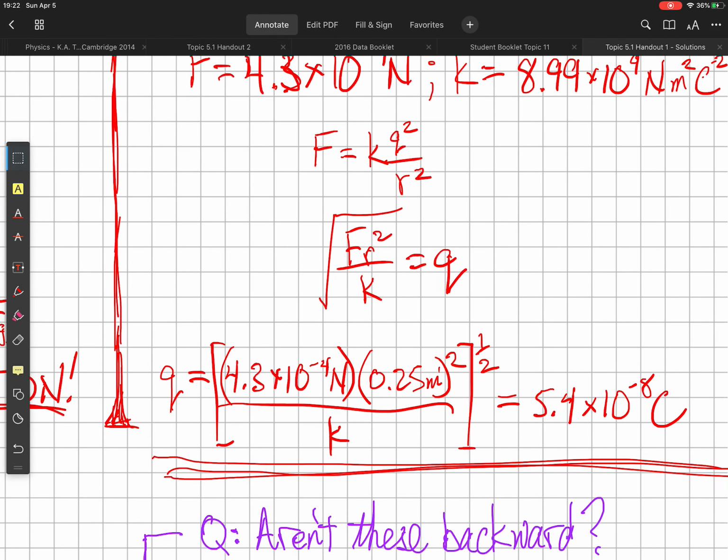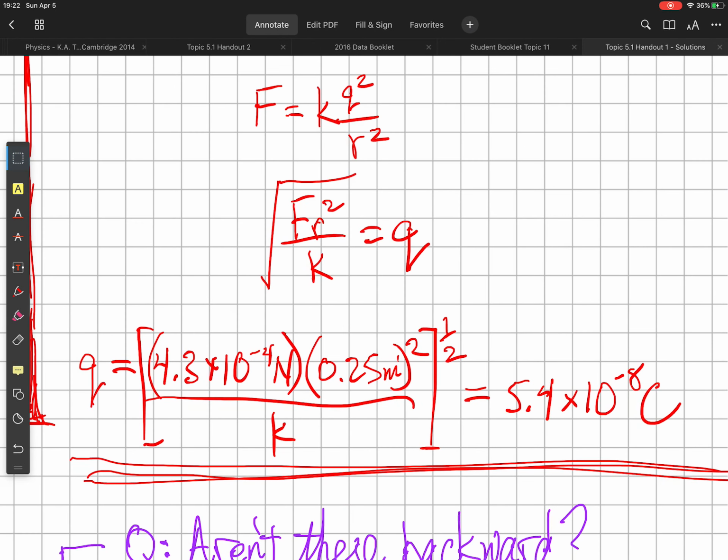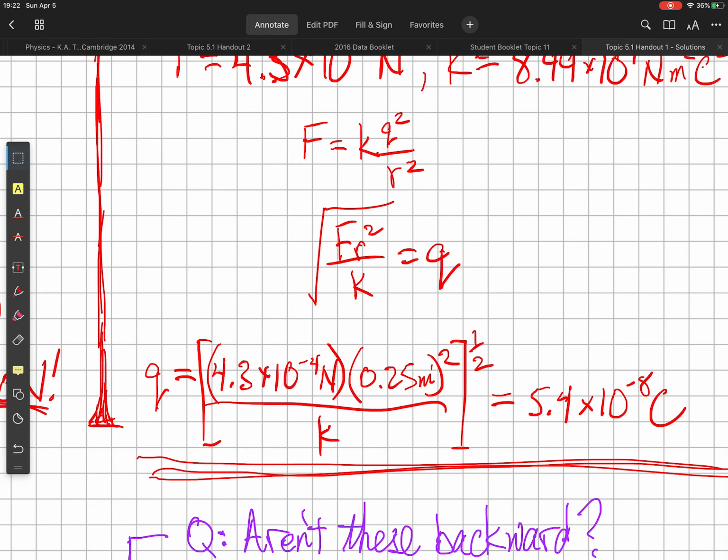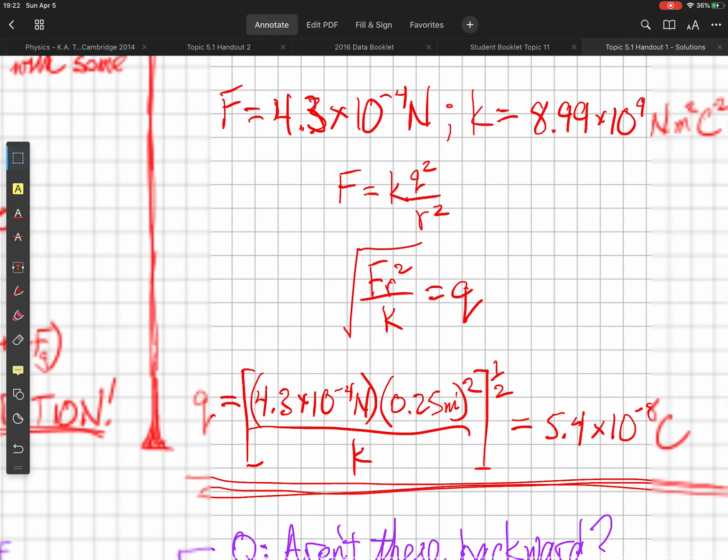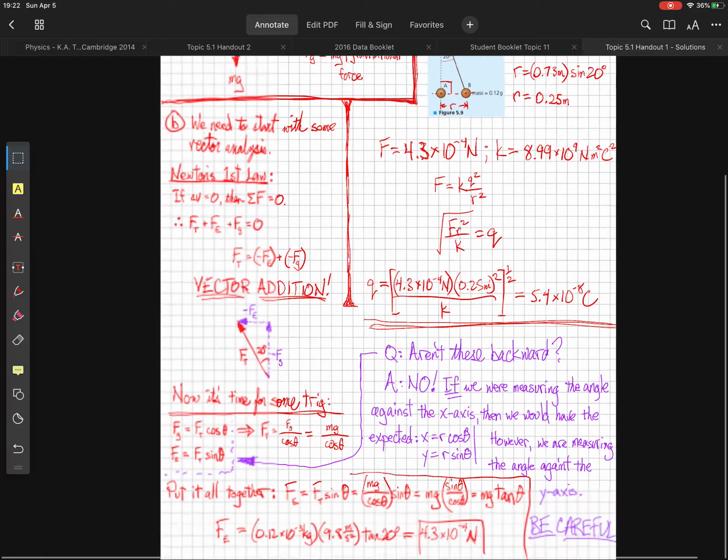And when I then plug in my values, I will get 5.4 times 10 to the negative 8 coulombs. If you would like me to expand the algebra here, just give me a shout. I'm happy to go through it with you. Not a problem.